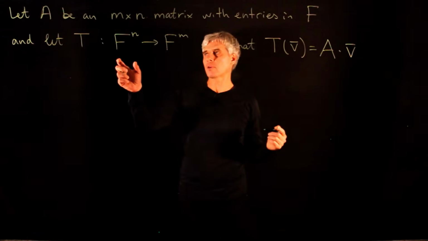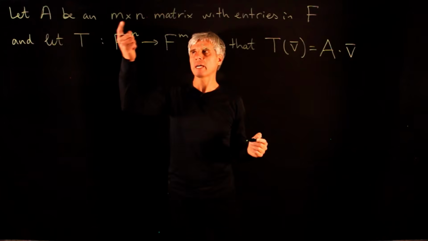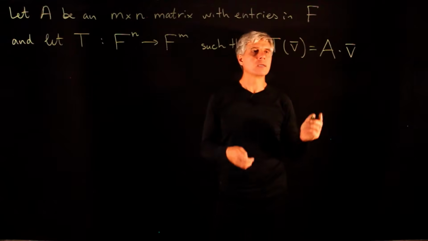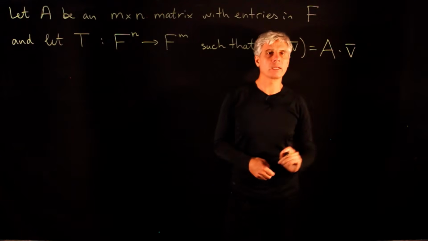If our vector is from Fn and we multiply it by an m by n matrix, the result will be a vector in Fm. And so this will define a linear transformation.